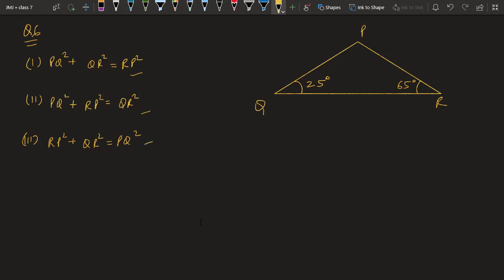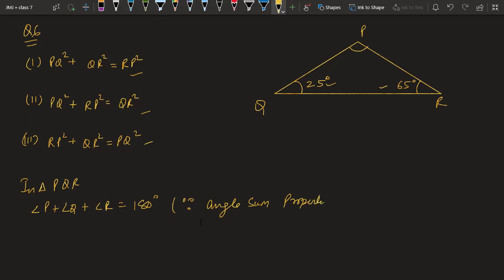First of all, we know in a triangle, if two angles are given to you, we can easily find the third angle. So what can we say? We can say in triangle PQR, angle P plus angle Q plus angle R is equal to 180 degree because of angle sum property of a triangle. Now put the values. Angle P is unknown, Q is 25 degree, R is 65 degree is equal to 180 degree.